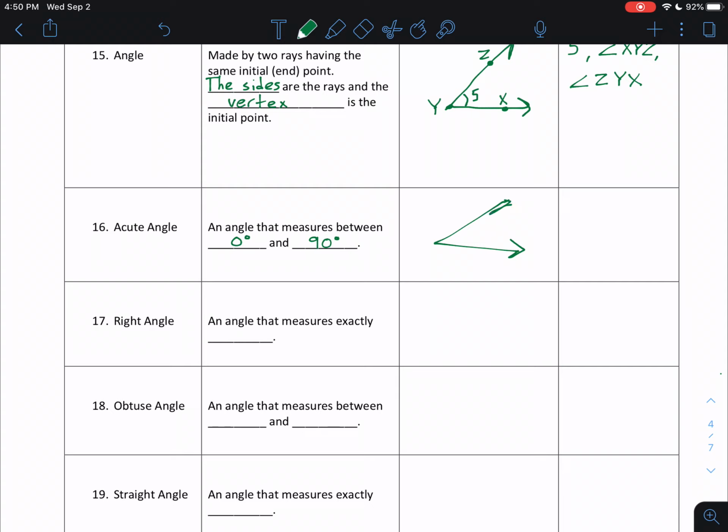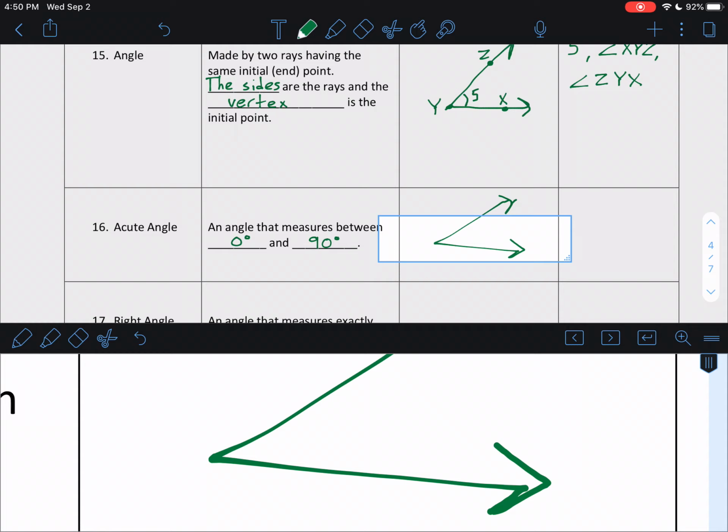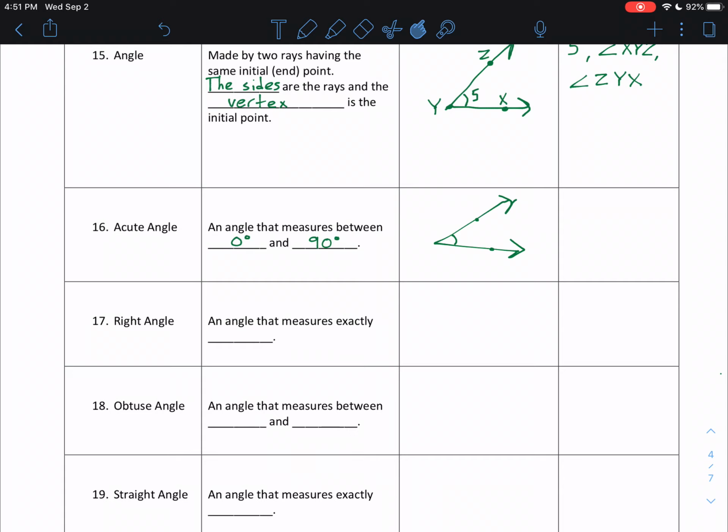So here's our angle. And this one, I will still give it points and a little angle thing inside it. But there is no real way to name an acute angle. It's just the exact same way as you would label an angle. So no matter what I name my points, it is going to have the exact same name as any other angle.